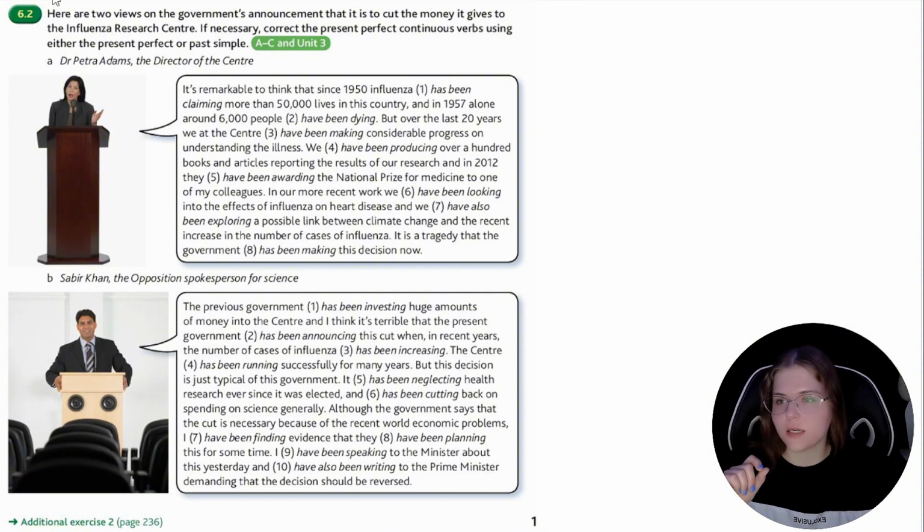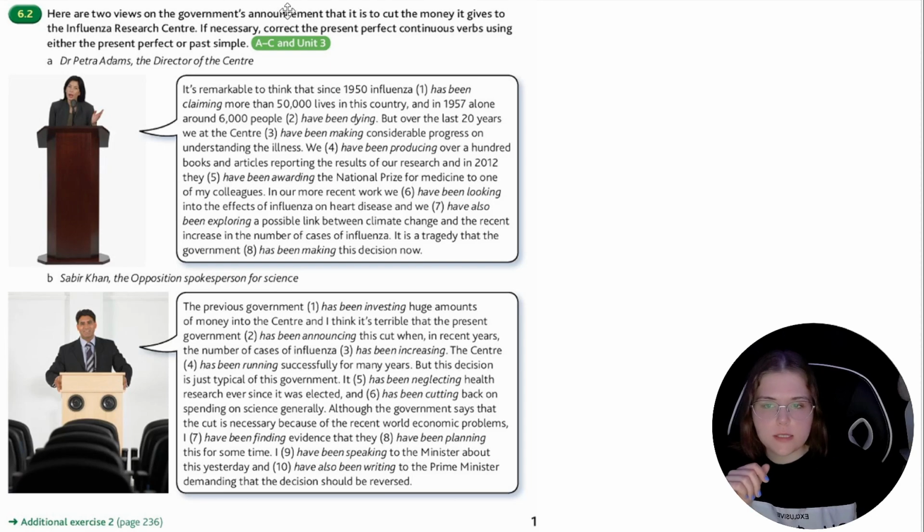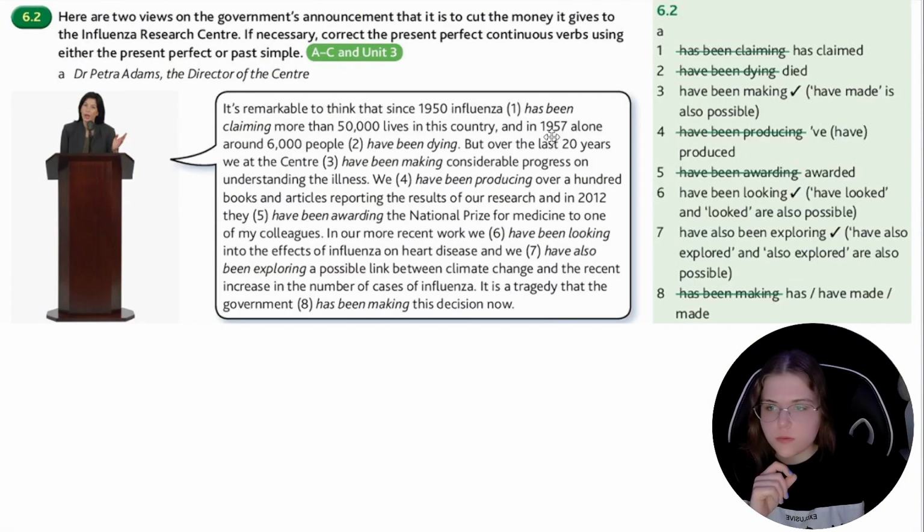So, the next exercise. Here are two views on the government's announcement that it is to cut the money it gives to the Influenza Research Center. If necessary, correct the present perfect continuous verbs using either the present perfect or past simple. And let's get started.